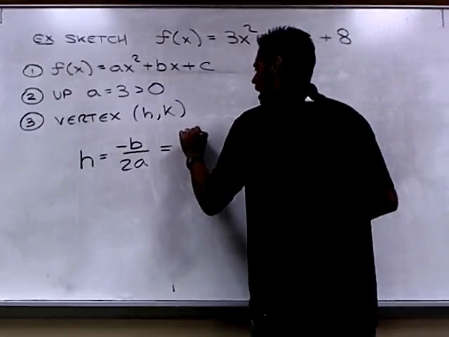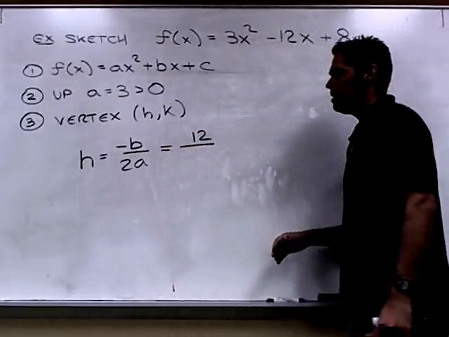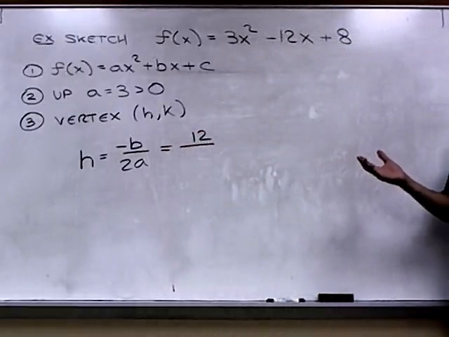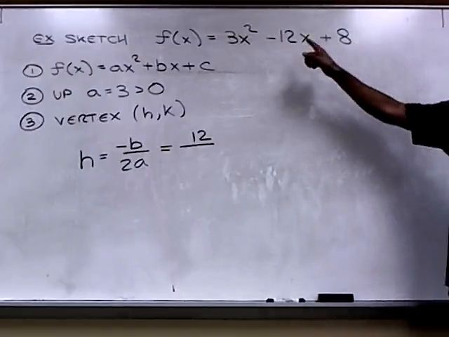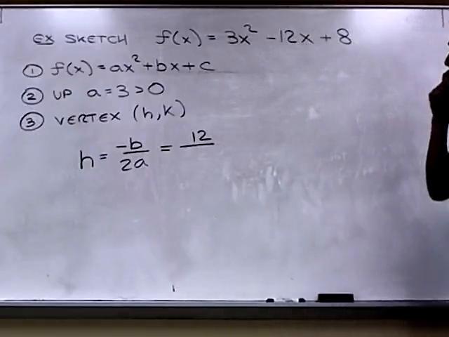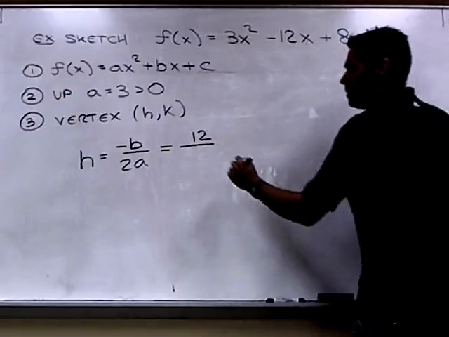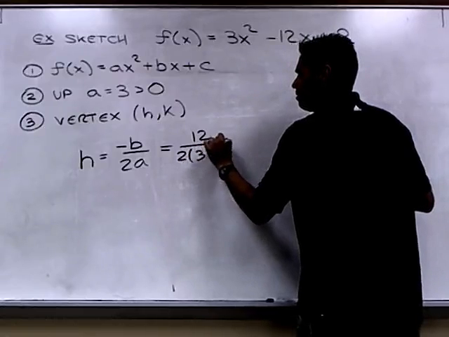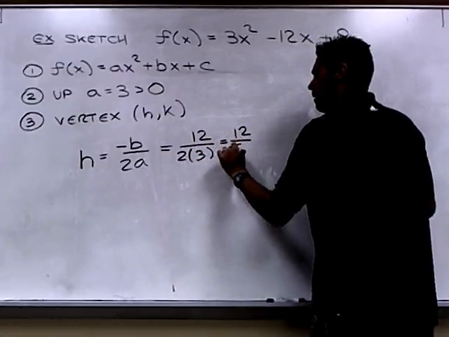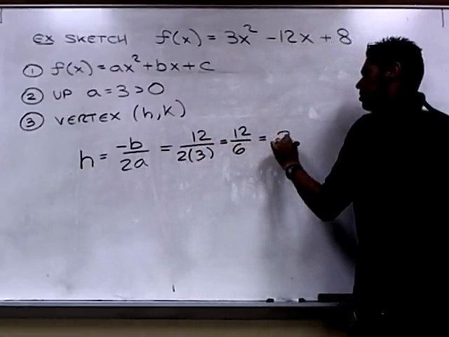Positive 12. What happens if you mess that sign up on the test? The whole thing's going to be off, okay? Your vertex is going to be all out of whack. So that sign thing you have to be careful with there. Divided by what? 2 times a, what's a? 3. So 2 times 3 is 6. And so 12 divided by 6 is 2.